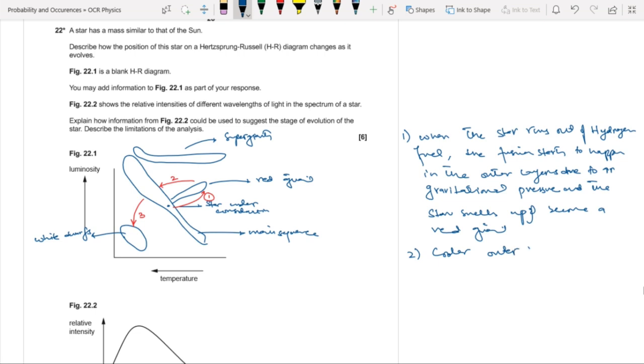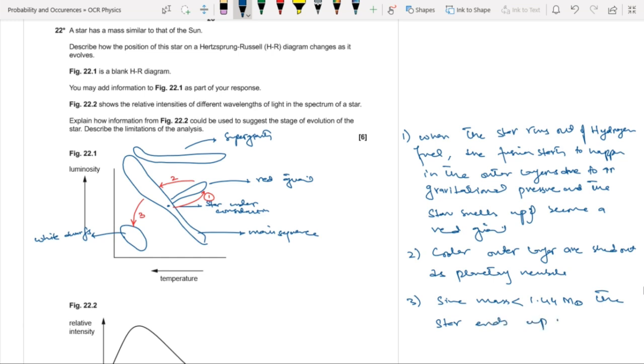Cooler outer layers are shed out as planetary nebula, and since mass is less than the Chandrasekhar limit, which is 1.44 solar masses, the star ends up as a white dwarf.